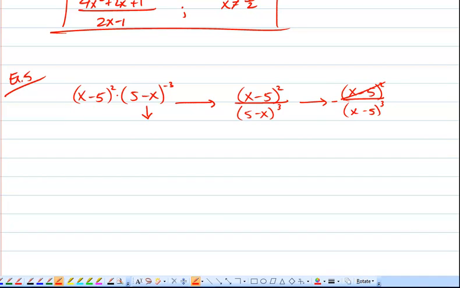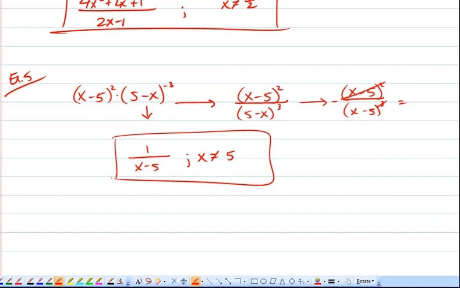Now we've got 2 of them up top, we've got 3 in the denominator, and so we end up with 1 over x minus 5. Now again, once we have this as part of our answer, we need to write down our restrictions, so x cannot be a positive 5 in the denominator. And then there's our final answer.